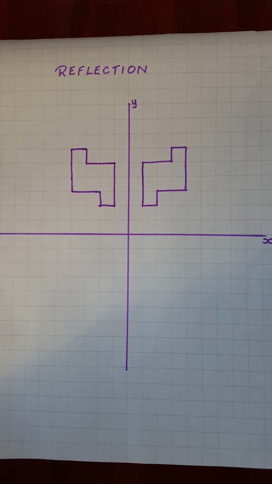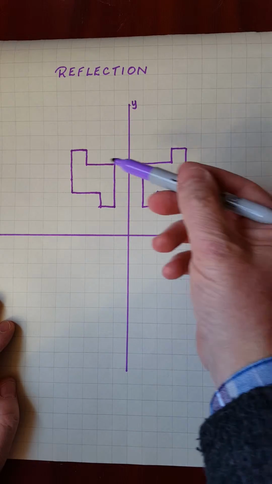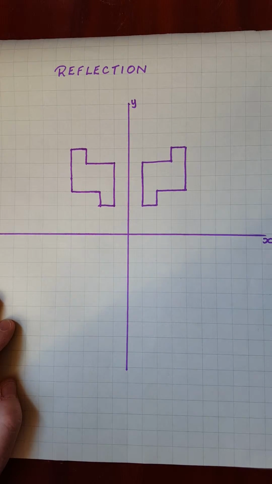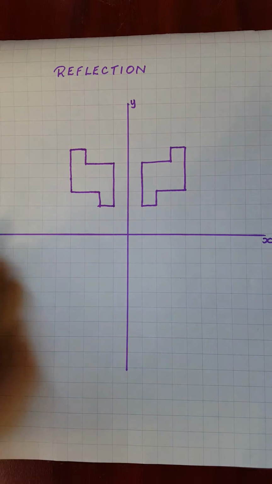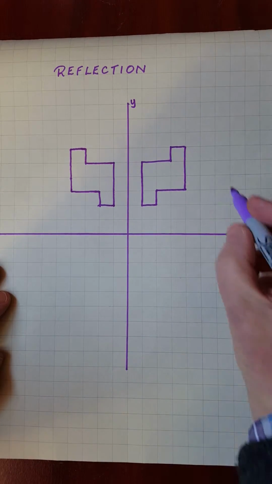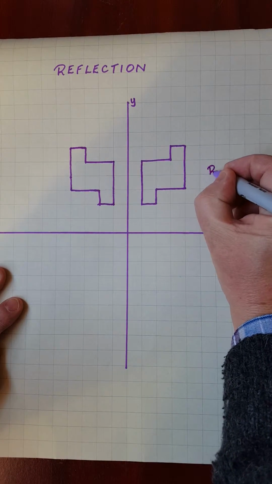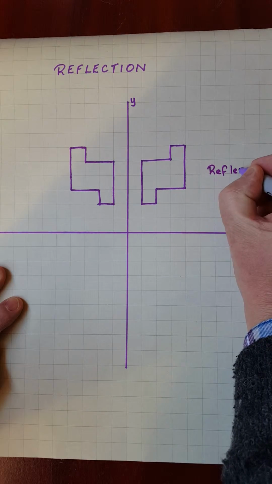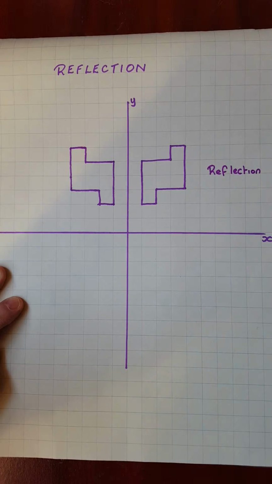If you were given this picture in an exam already done, and it said describe the transformation that maps shape A onto shape B, if they gave them those letters, then what you would have to do to get 2 marks is say it's a reflection. So describe what the transformation is.